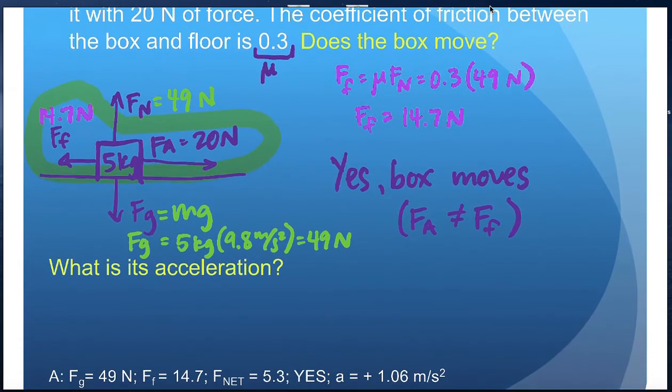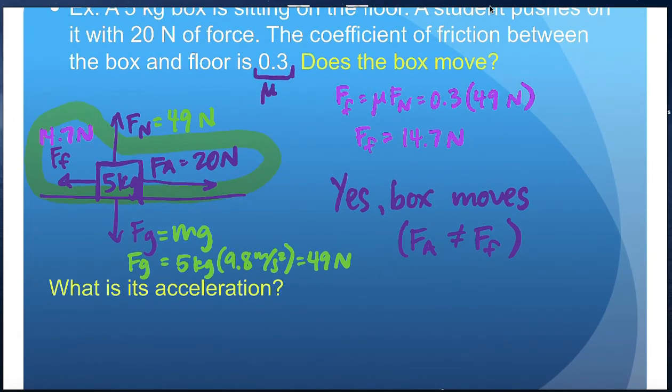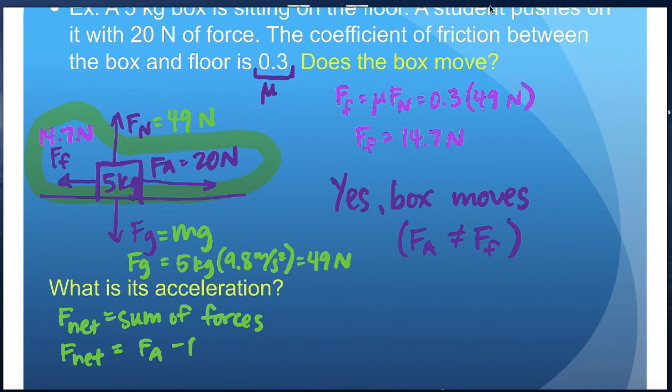Okay, so knowing that actually allows us to solve for our acceleration. We can do that first by solving for the net force and using our sum of all forces equation. The reason we're going to use that one first is that eventually we want to use the second law formula, but we don't know the net force. Okay, so we're going to write our own equation. We're going to say F net equals FA minus FF.